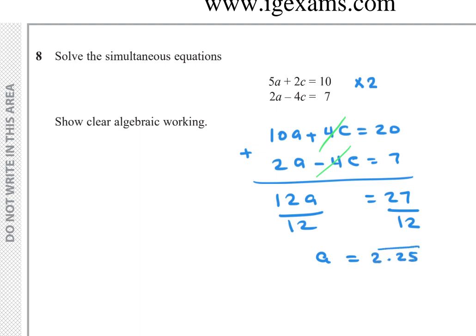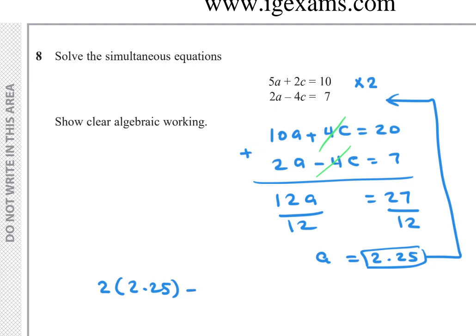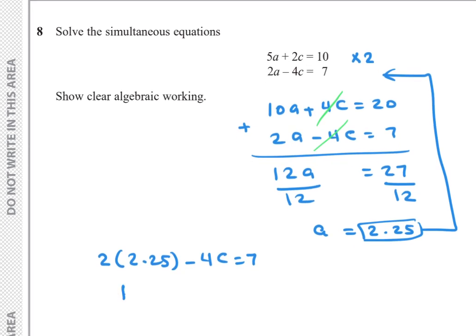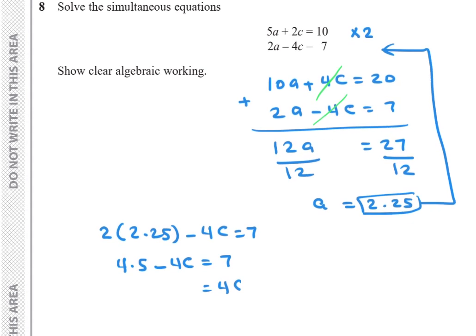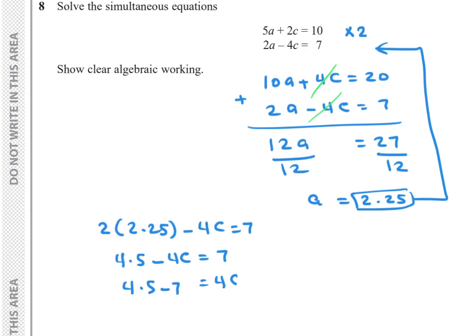Now substitute to find c. You can substitute in the second equation. So 2 times 2.25 minus 4c equals 7. So 4.5 minus 4c equals 7. So 4c equals 4.5 minus 7.